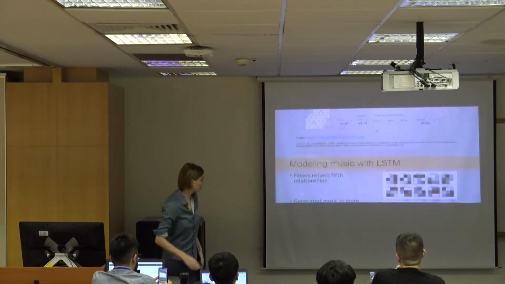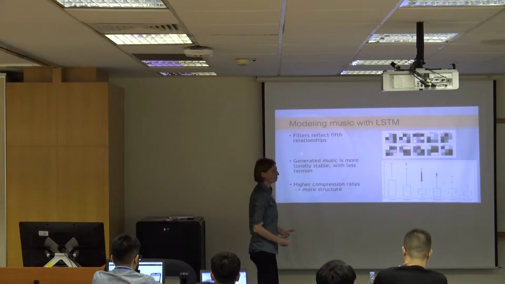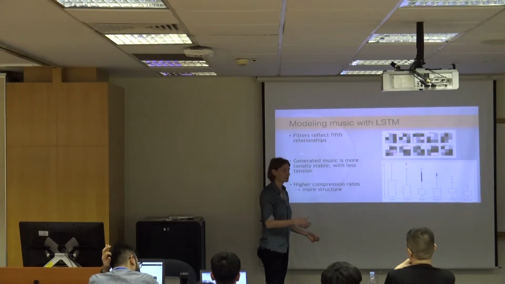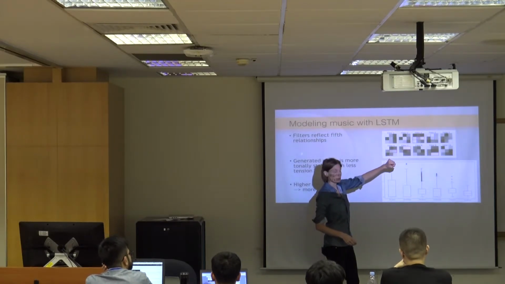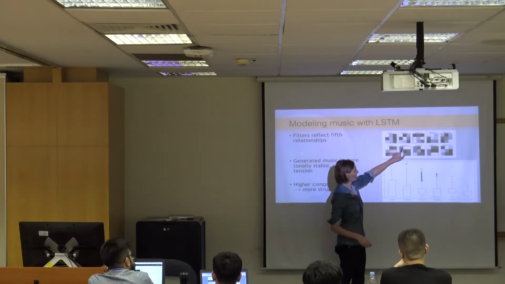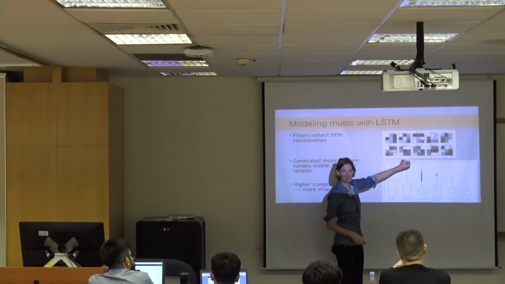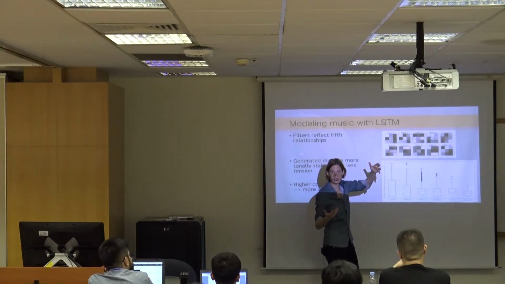So what do we see if we do this? First of all, we look at some of the filters. The filters of the CNN show us that we capture tonal relationships.